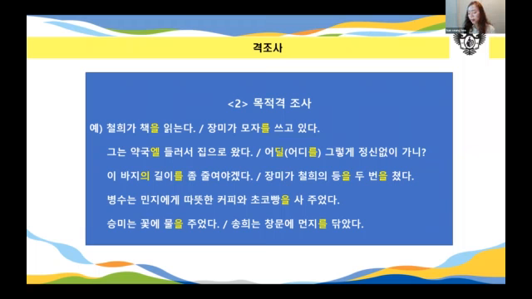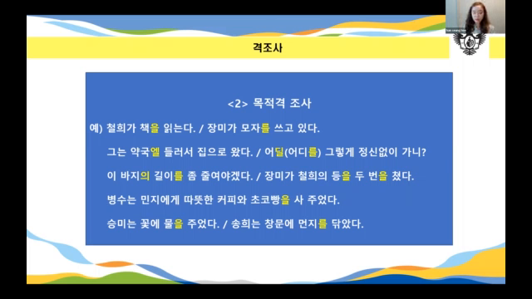For example, 병수는 민지에게 따뜻한 커피와 초코빵을 사주었다. The fourth line. 승미는 꽃에 물을 주었다. The last line, 송이는 창문에 먼지를 닦았다. These three sentences correspond to this grammar concept.